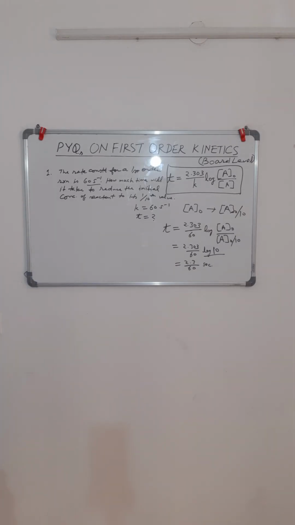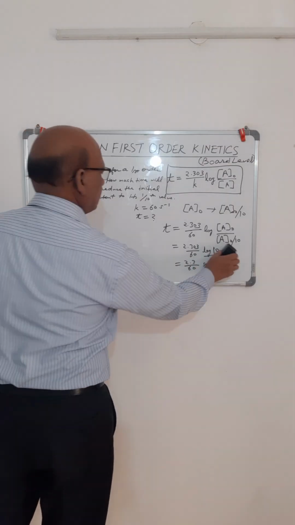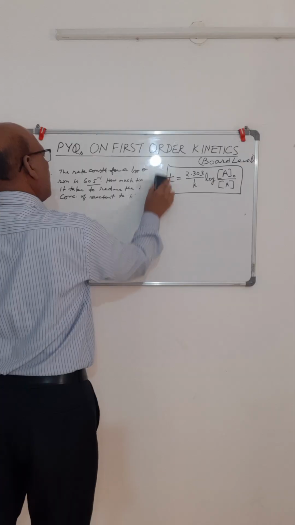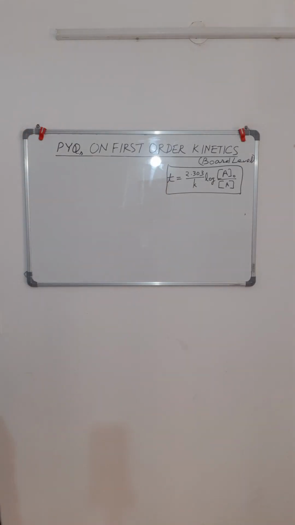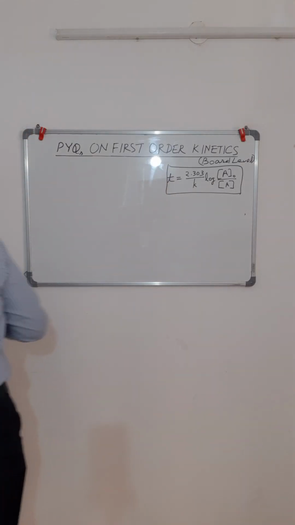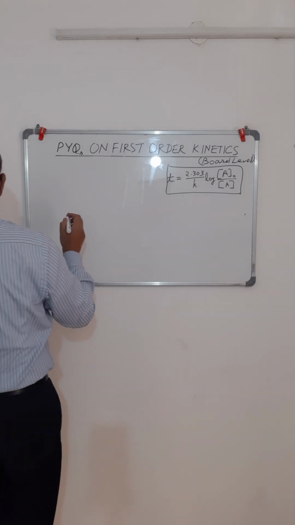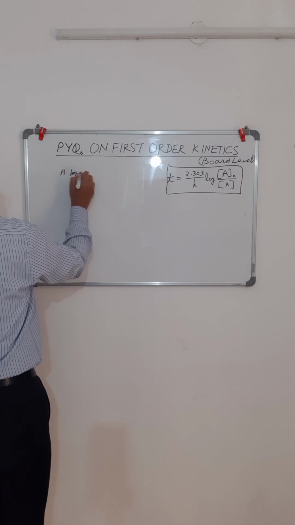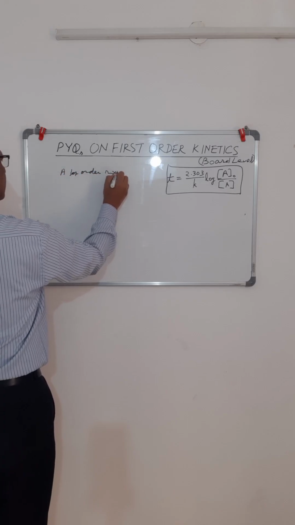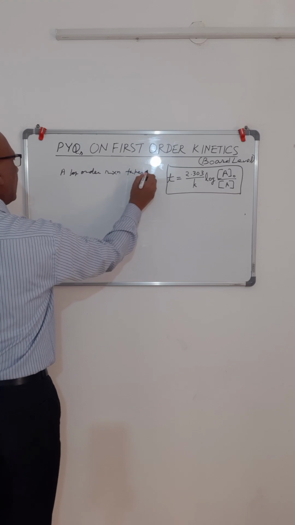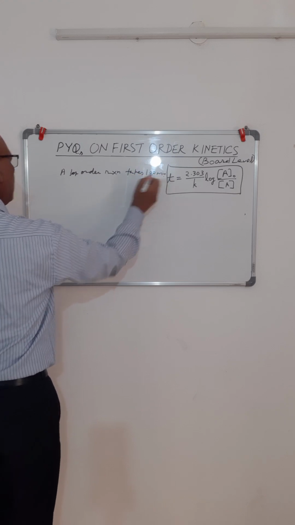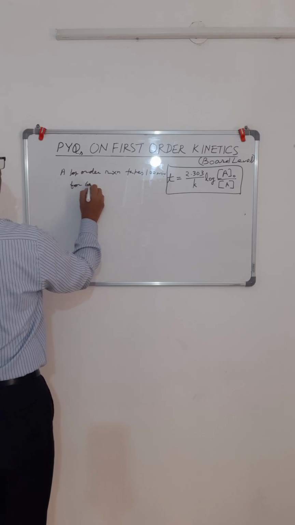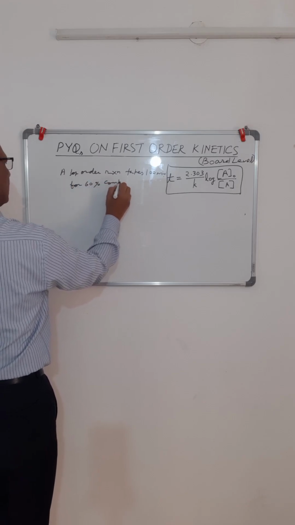Okay, so now we take the second numerical. A first order reaction takes 100 minutes for 60% completion.